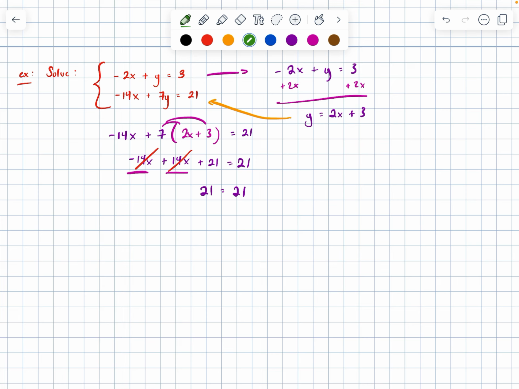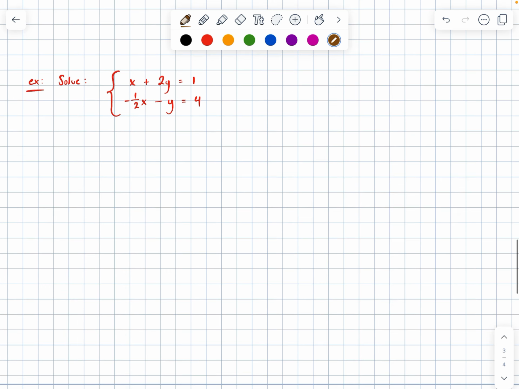Now that I'm here, I need to ask myself, is this true? Well, yeah, 21 is equal to 21. What does that tell me about my solution set? A statement that is always true has infinite solutions. If it ain't broke, don't fix it. And it ain't broke yet. So this guy is another dependent system.